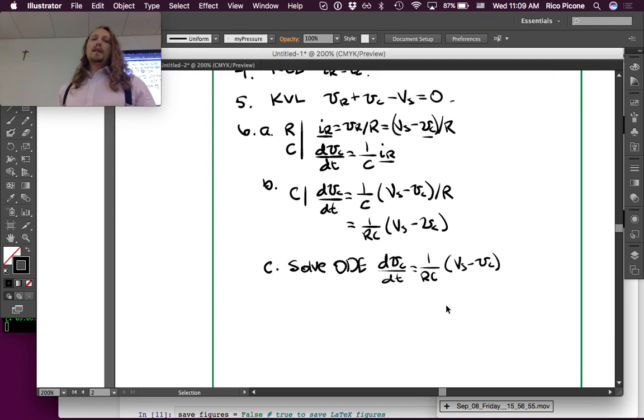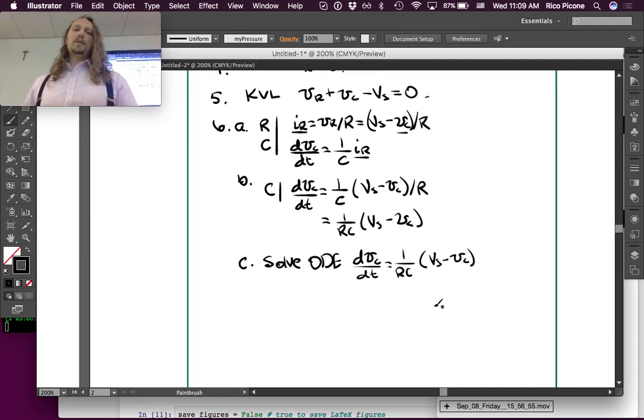So we want to solve this ODE. Let's rewrite it in a form that might be a little more familiar to us, which is to define RC to be tau, the time constant. And then we can multiply both sides by tau.